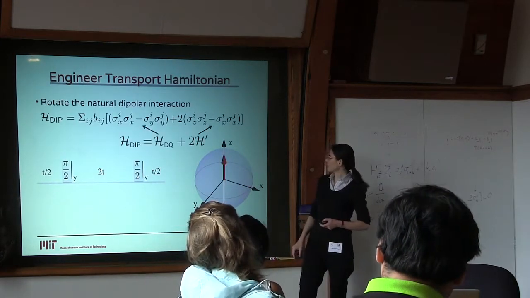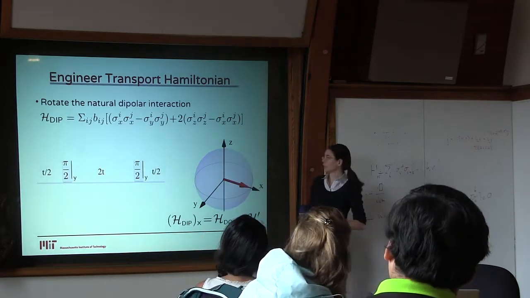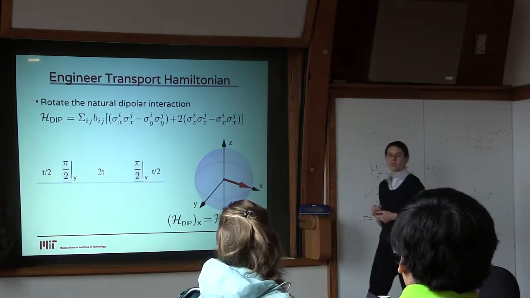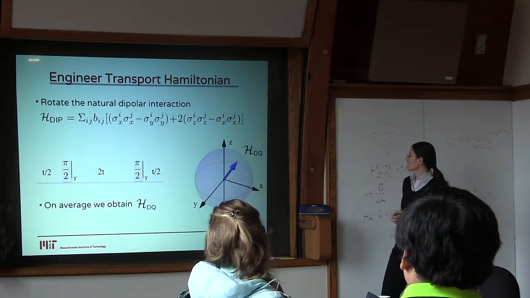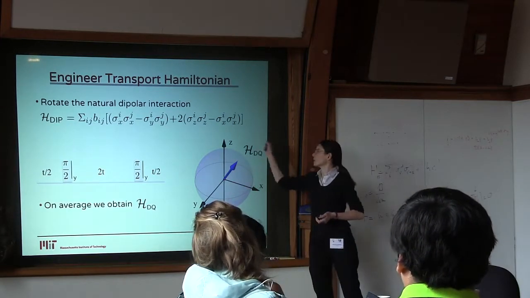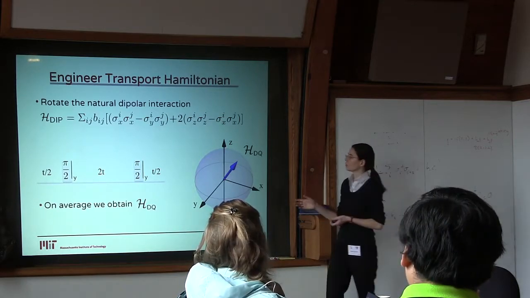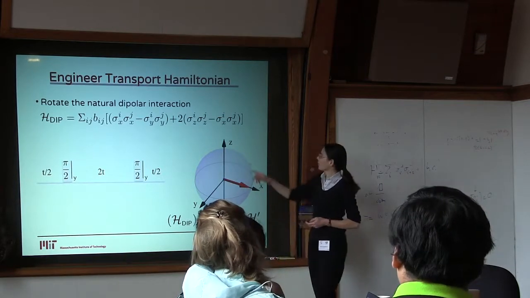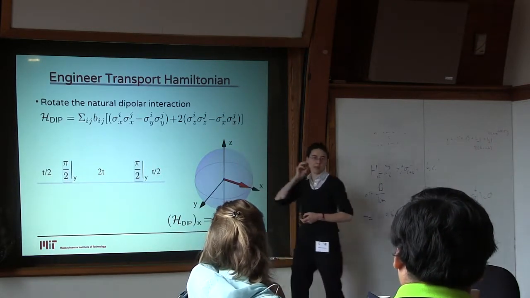So if I alternate between these two axes many, many times and quickly, and I can do it, for example, with a sequence like this, on average what I have is the sum of the two possible Hamiltonians. So on average, what I get is just this Hamiltonian, which is the one which I want. Of course, I need to select my timing in the correct way, because this Hamiltonian is only H prime, and this one is plus 2 prime.